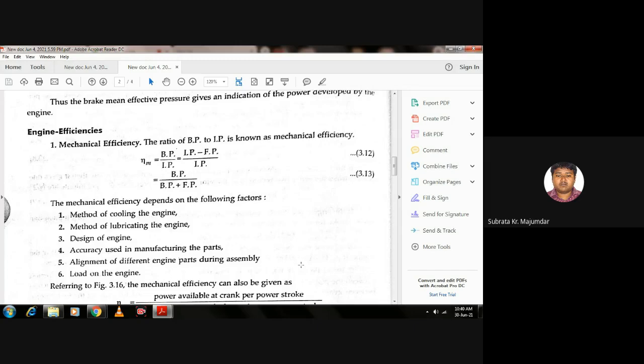How much indicated power we have and how much brake power we get, this ratio is known as mechanical efficiency. So mechanical efficiency is the ratio of brake power divided by indicated power. In other words, brake power is indicated power minus frictional power, so mechanical efficiency is that divided by indicated power.